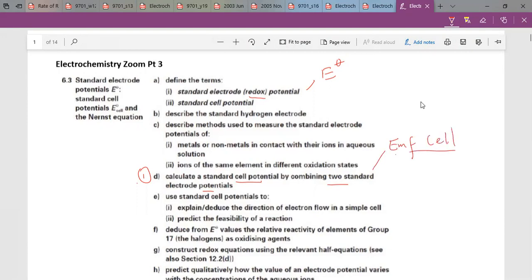Of course, the famous one is the Daniell cell, when you have the copper and your zinc both in solutions.